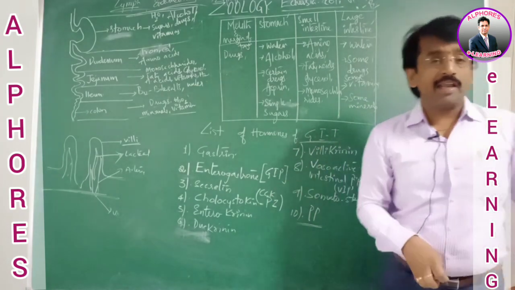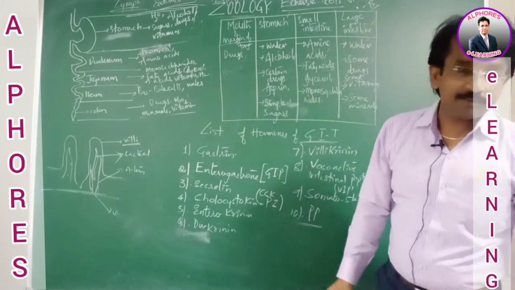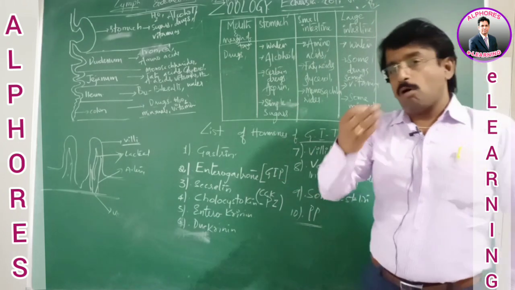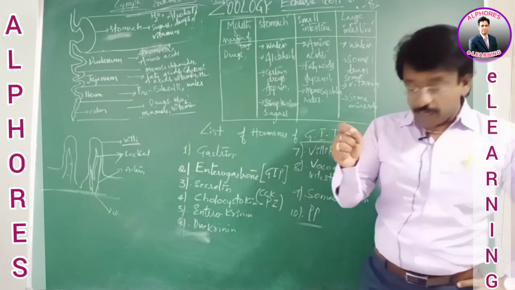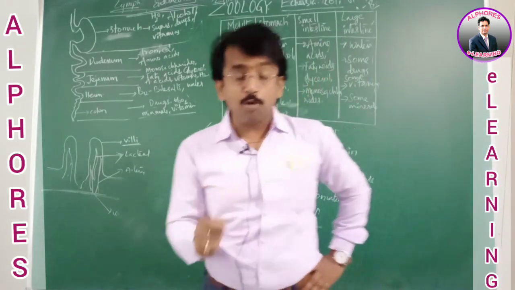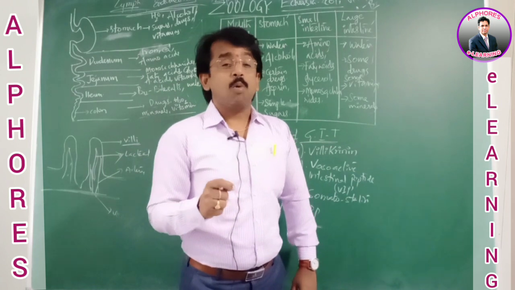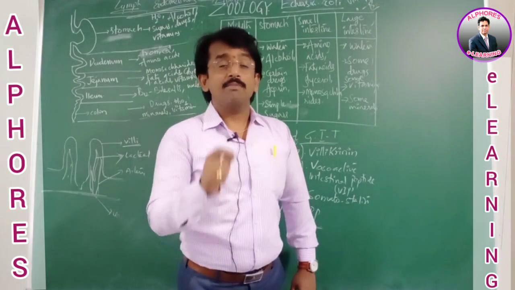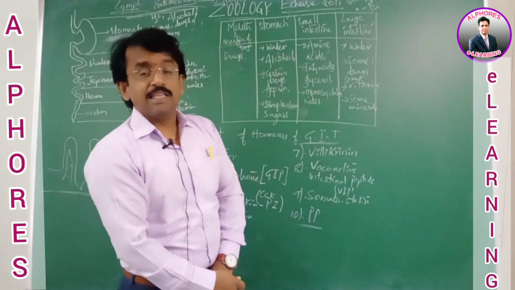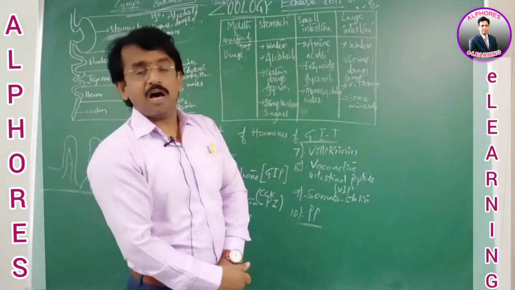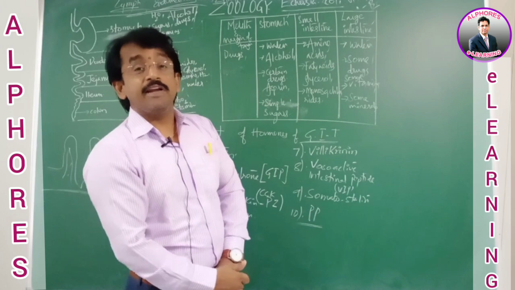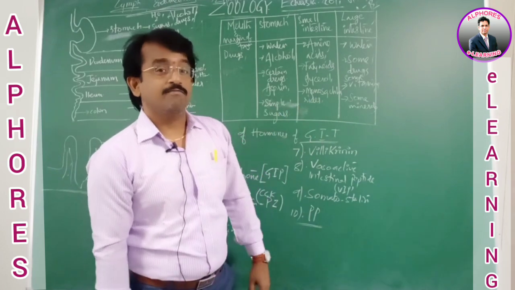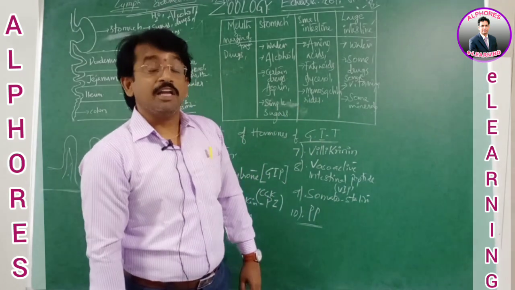What about the remaining? Defecation, egestion. Is all that we eat digested and absorbed? Definitely some amount of the food remains undigested. The undigested, unabsorbed food material needs to be sent out, which is nothing but defecation.